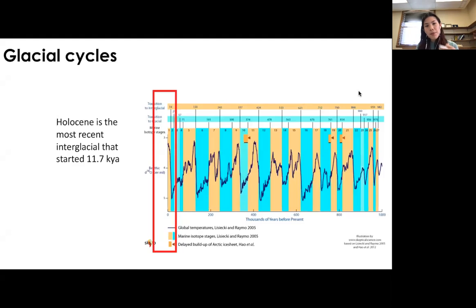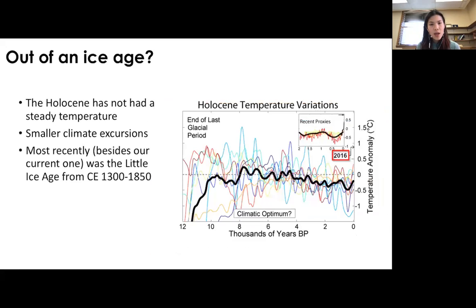All right, but going back to these regular glacial cycles, we have the Holocene being this most recent interglacial starting about 11.7 thousand years ago. I think it's important to note that within the Holocene, we have not been this steady interglacial period with no ice advances. There have been plenty of temperature variations within the Holocene, and that's what this chart is showing us here.